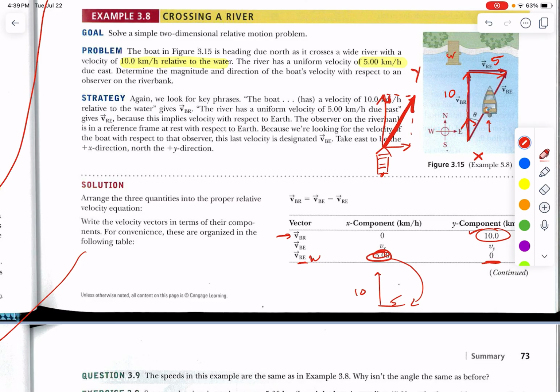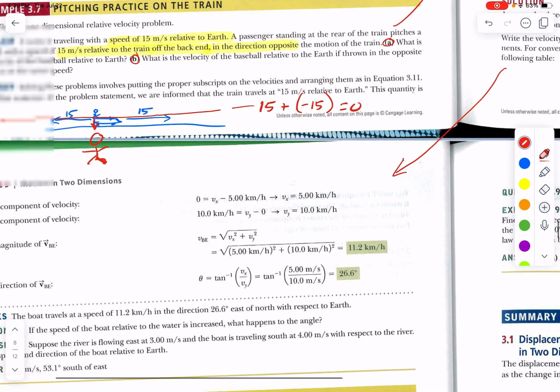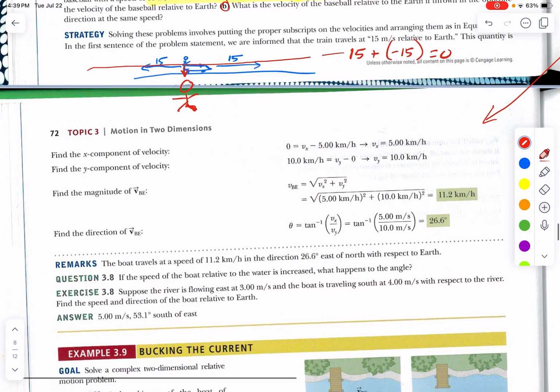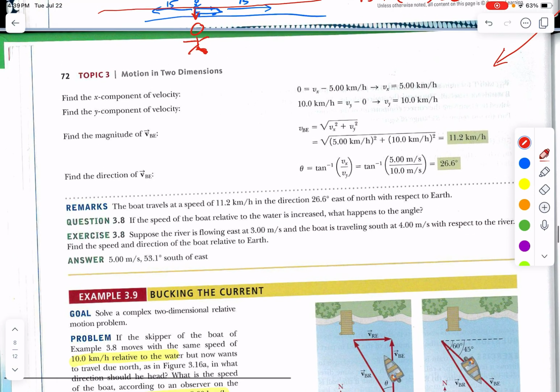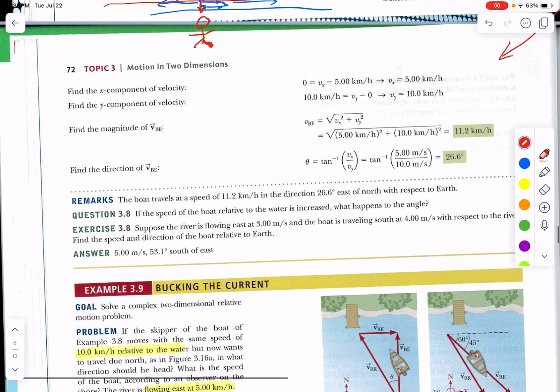That's going to be 10. And when you resolve those 2 vectors by drawing the diagonal, you get the same answer, of course. And then when you put those 2 vectors together using the Pythagorean theorem or adding up the components, you get 11.2 kilometers per hour. Notice we didn't need to convert this into meters per second, unless, of course, the problem asked us to, and we can use tan theta to get our angle.